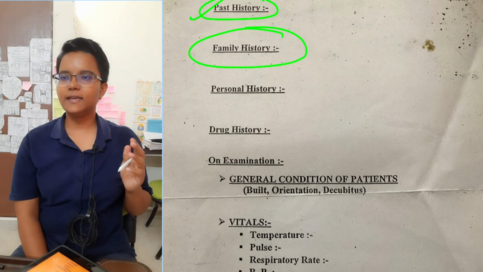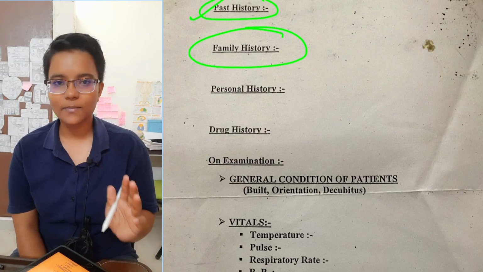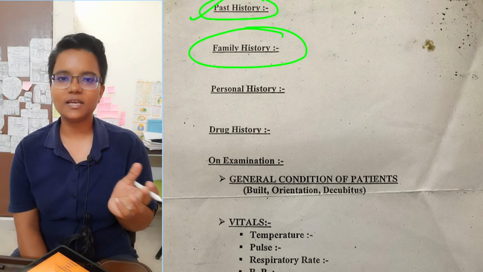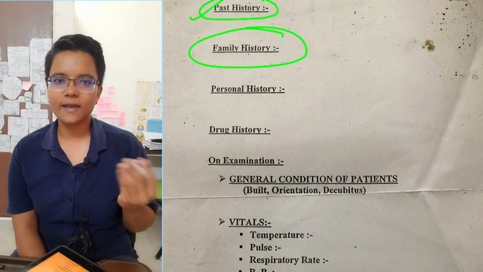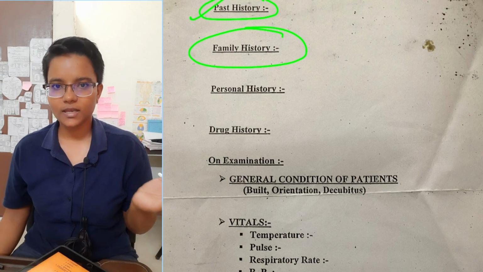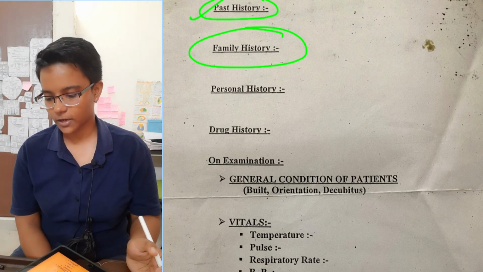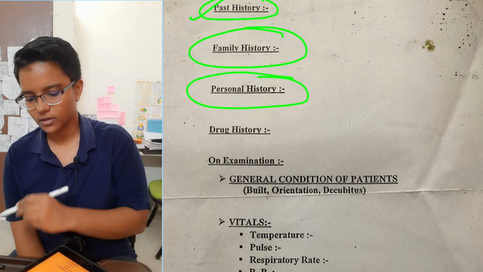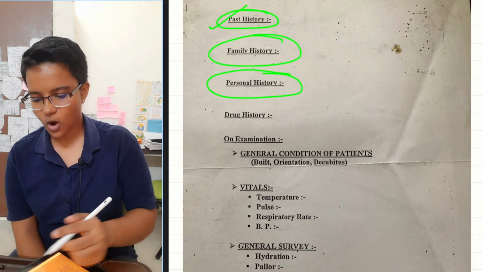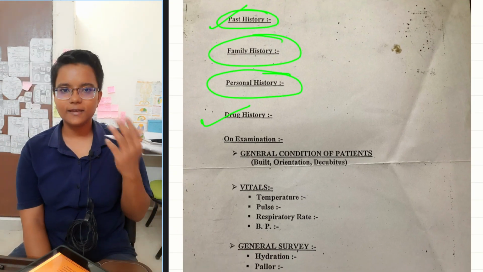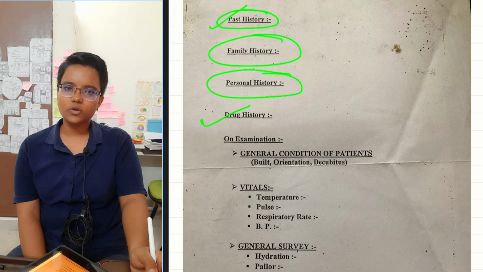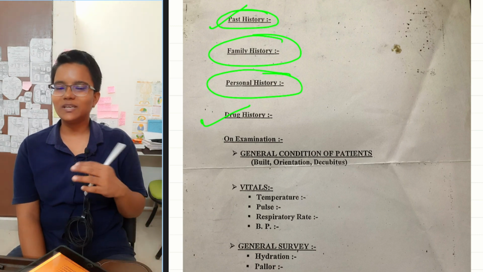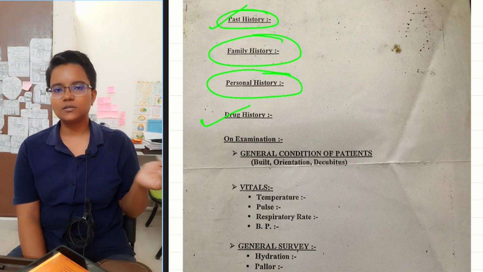Like if he is a diabetic patient, you can ask whether any family member in his or her family was diabetic. Then you will take personal history, and then drug history, whether he has been treated in the past or not. You can ask about the drugs which he or she has taken in the past.